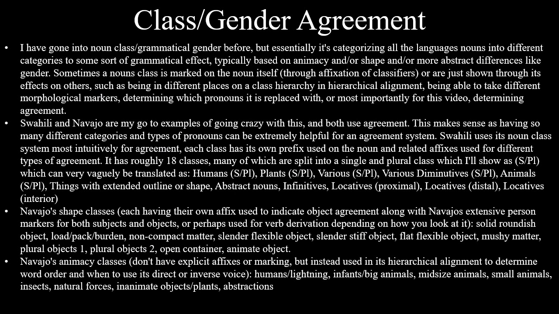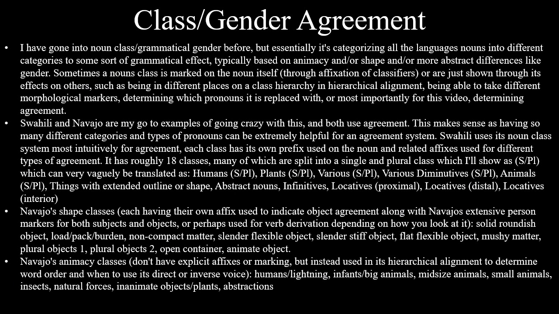Meanwhile, Navajo gets weird. It sort of has two different noun class systems, neither of which are marked on the nouns themselves. It distinguishes 11 shape-based classes, which are marked on the verb based on the direct object of the sentence. These affixes are so deeply and weirdly fused into the stem that sometimes it's said that instead of different conjugations, these verbs are entirely different words, and you instead base the verb you use on the class of its object.